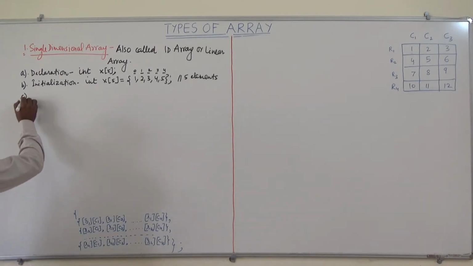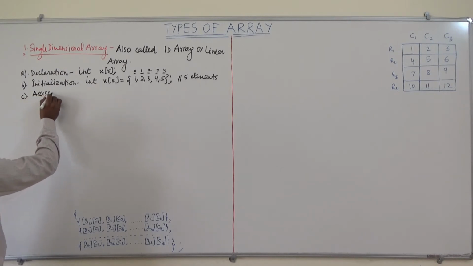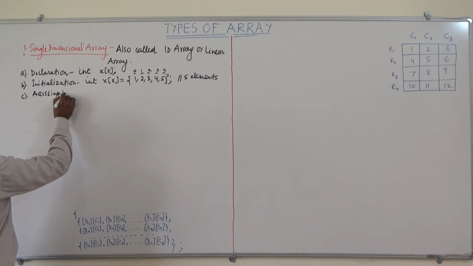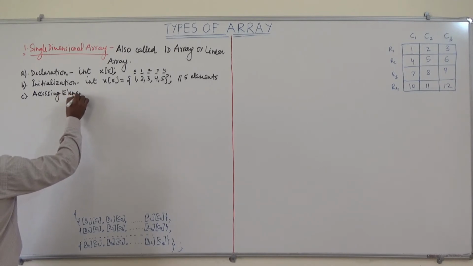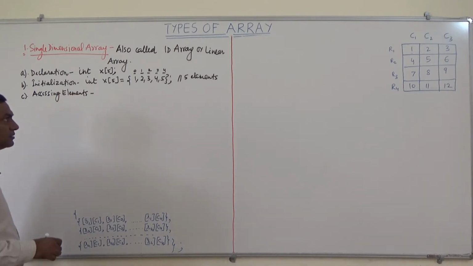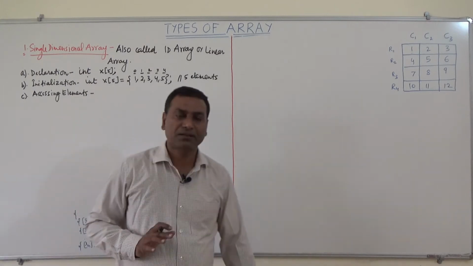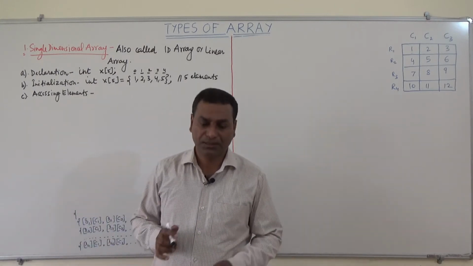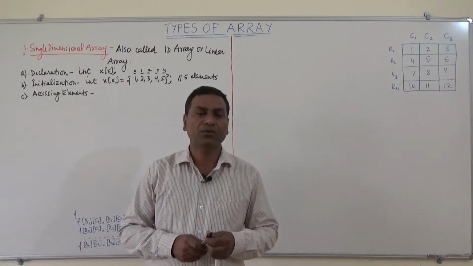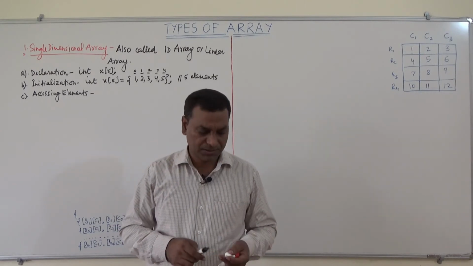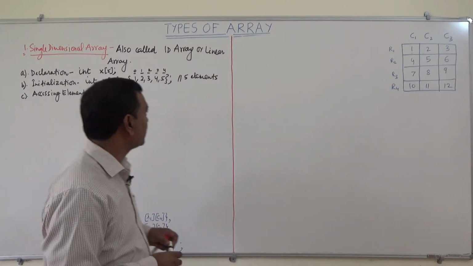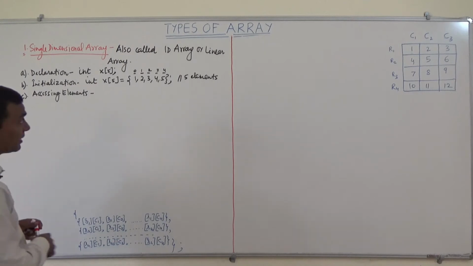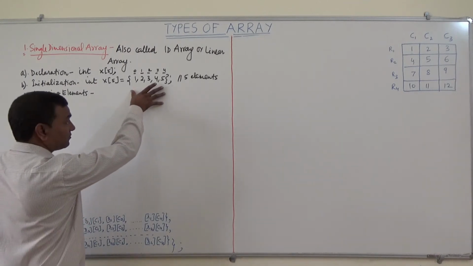And third one is accessing the elements. If you want to access the element of the array, then we need to know the index, because we can see this is the array of 5 elements.